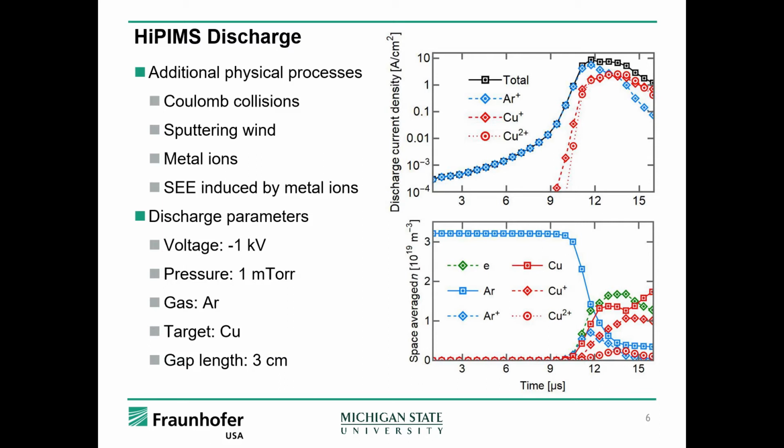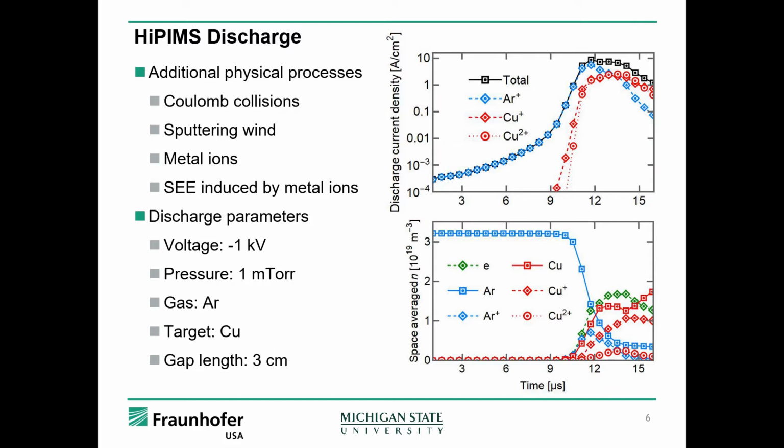The traced particles include the electron, the argon atom, the argon ion, the copper atom, and the singly and doubly charged copper ions. The top right plot gives the variation with time of the discharge current density on the target surface, in logarithmic scale.